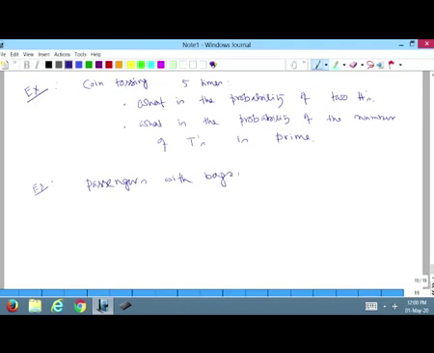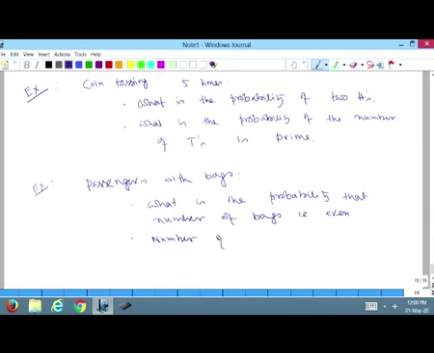So, some of the probabilities that we may look for are: what is the probability that the number of bags is even, or the number of passengers is odd, etc.